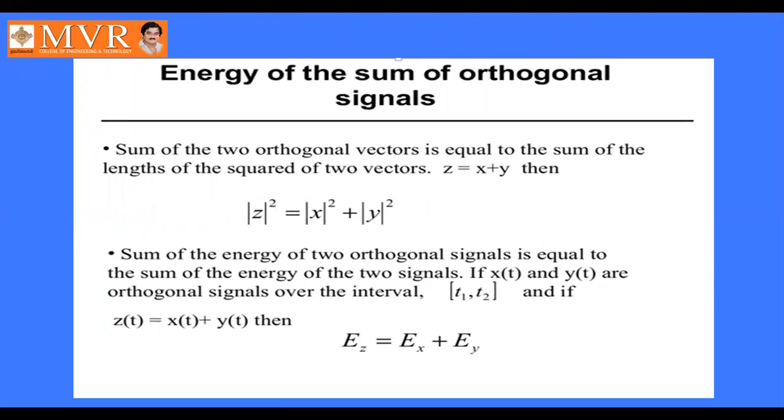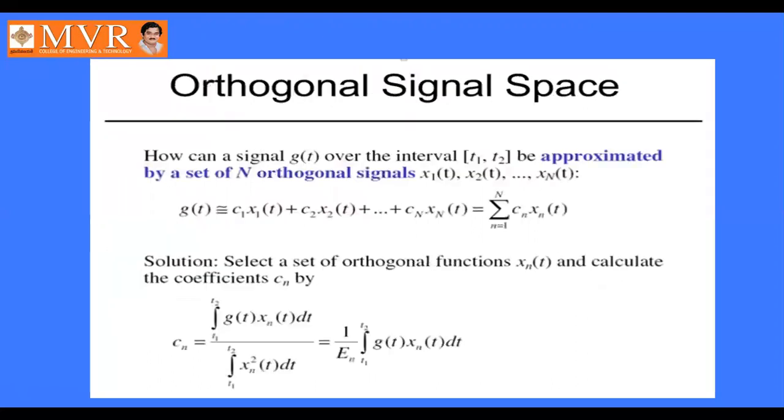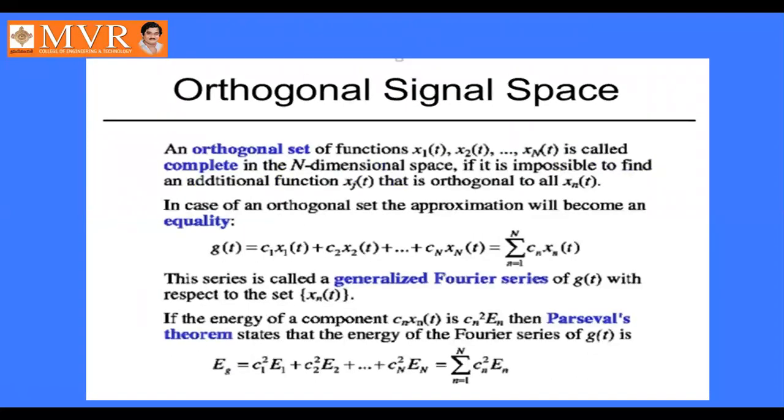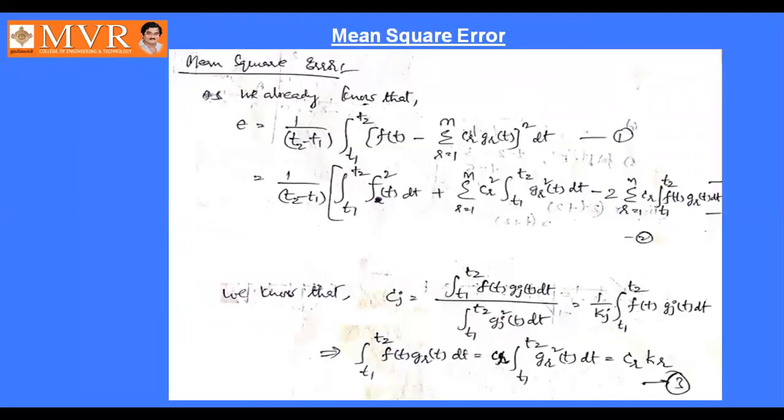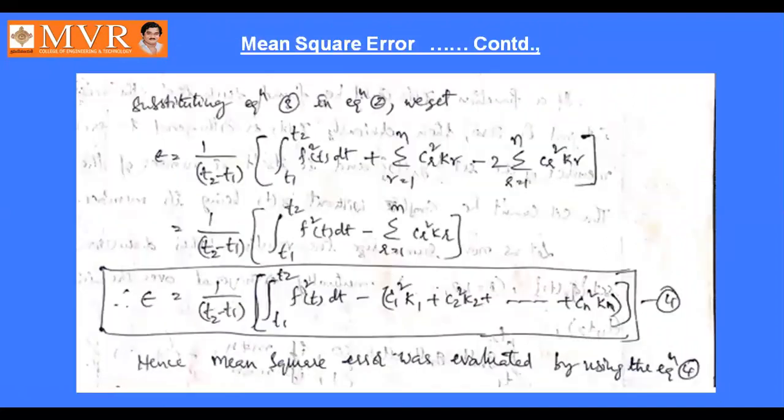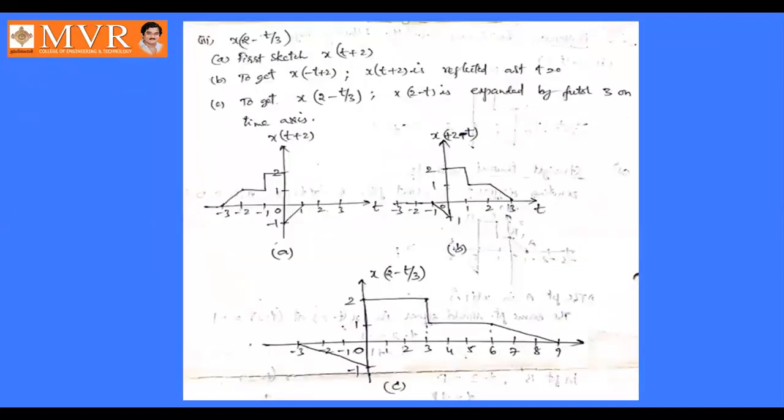Next, orthogonality between mutual orthogonal functions, mean square error calculation, orthogonal signal space, and some important problems we discussed in this unit.